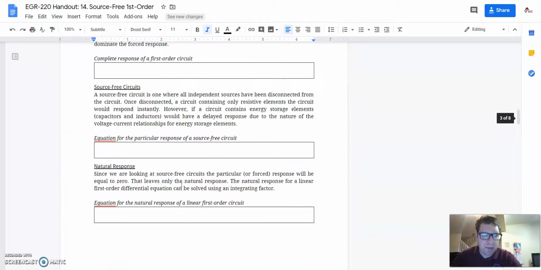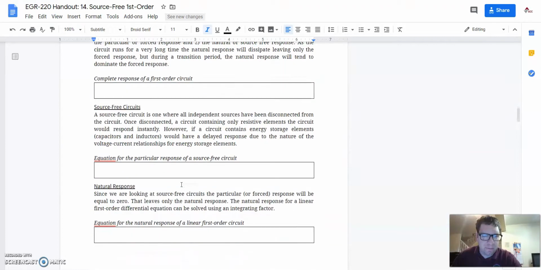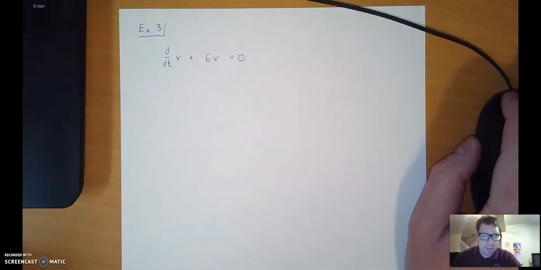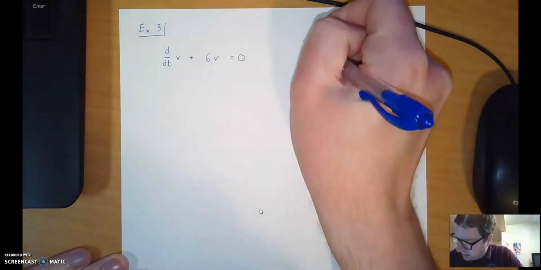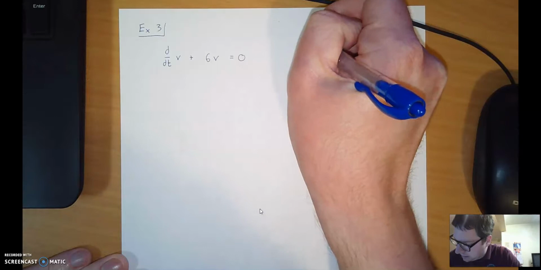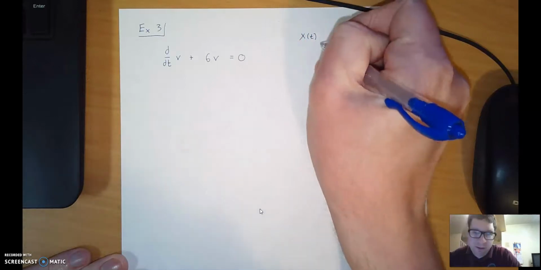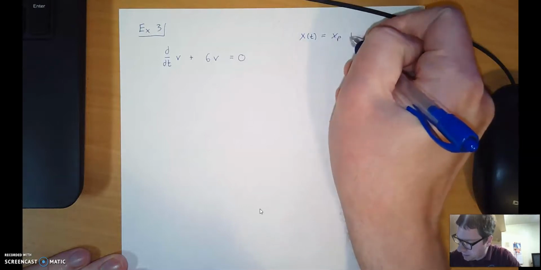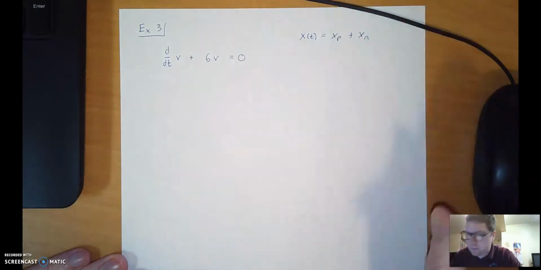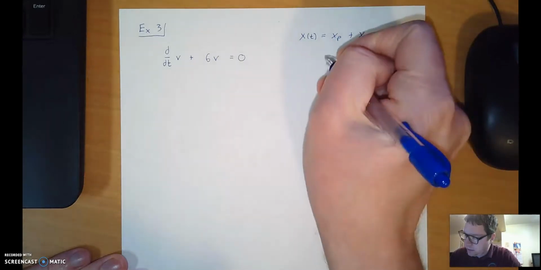Before we do that, we need to fill in these equations. So the complete response of a circuit, let's write that down. Our complete response is x of t, because these are all functions of t, equal to x particular plus x natural. So that's your first equation.